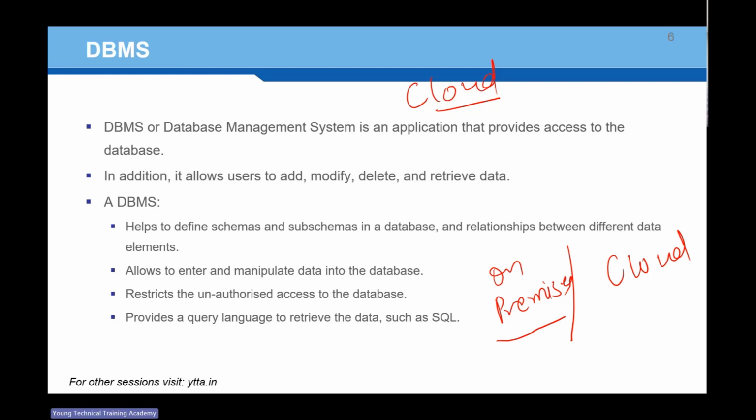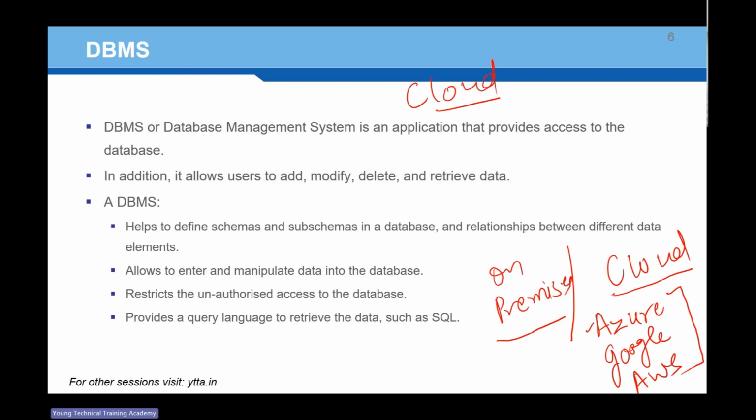However, if they are using cloud, what cloud services are available? Let me give you some examples. You might have heard of Azure, a Microsoft cloud. You might have heard about Google, and about AWS. These are giants in the cloud world.